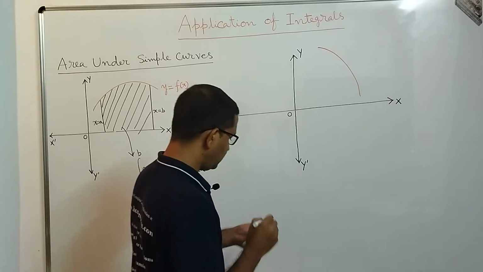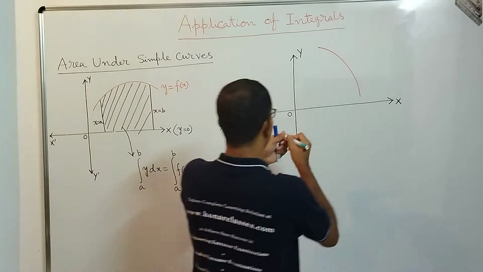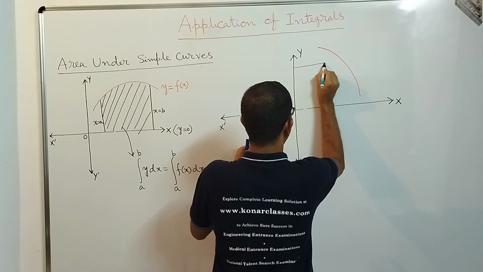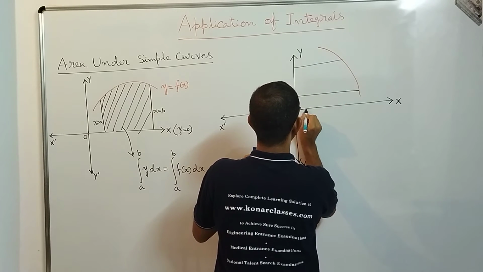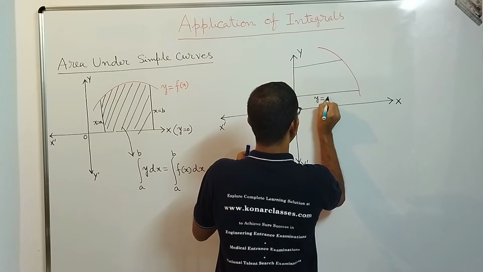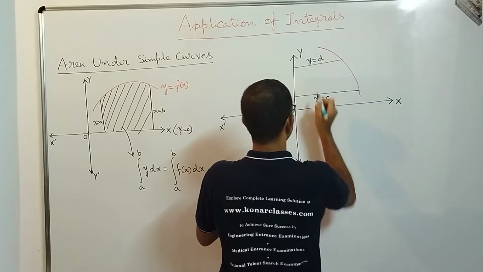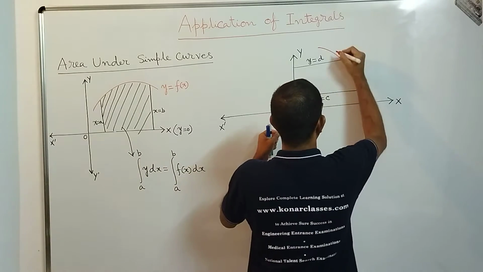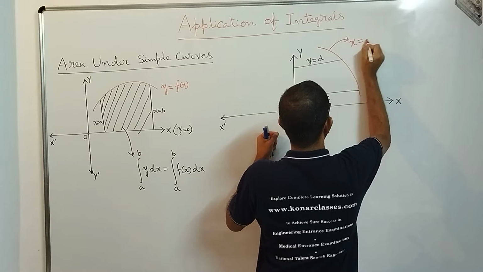We are interested in finding the area bounded by this curve, the y-axis and the two lines. Suppose we define this line as y equal to c and this line as y equal to d, and the equation of the curve as I have drawn it here is x equal to g(y).